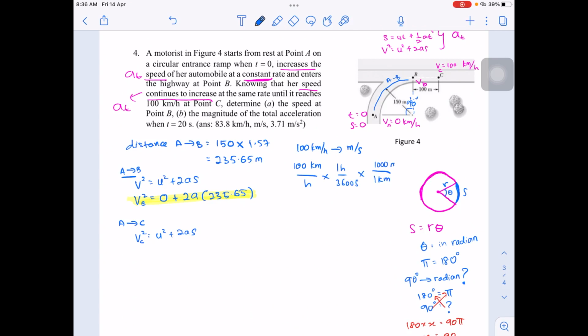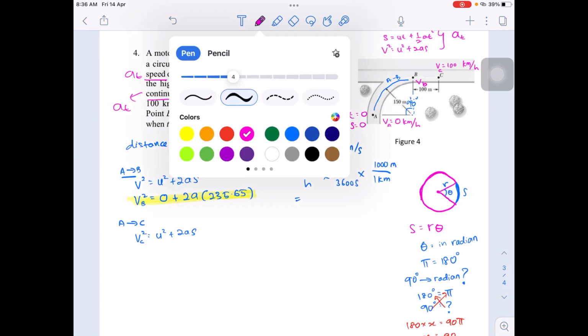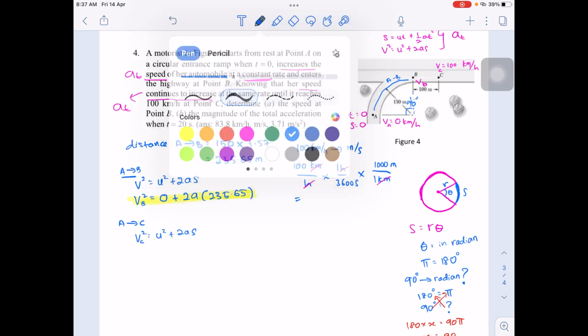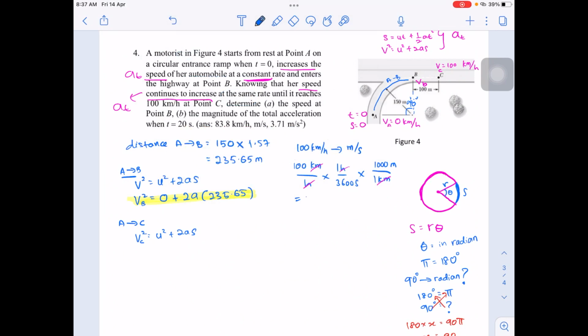Saya tunjuk ni sebab kebanyakannya tak boleh buat tukar unit. Make sure you can cancel out km, h and h, so you left with meter per second. 100 darab 1,000 over 3,600 is 27.78 meter per second. This is VC.